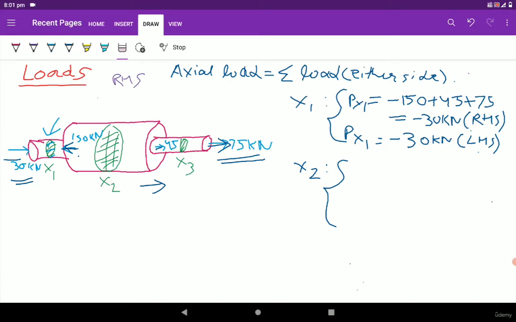Now for the x2 cross section, first we are going to consider the right hand side part for the x2 cross section.